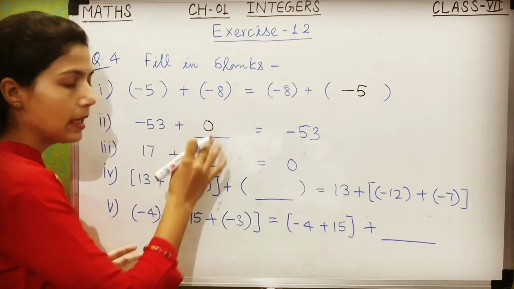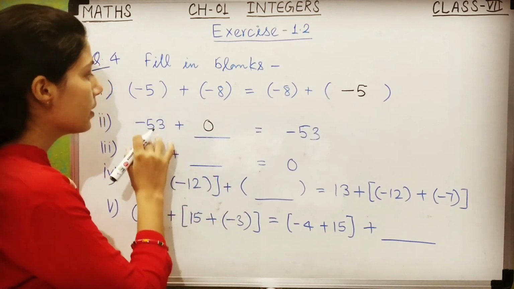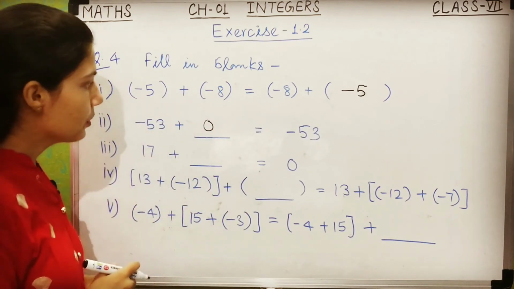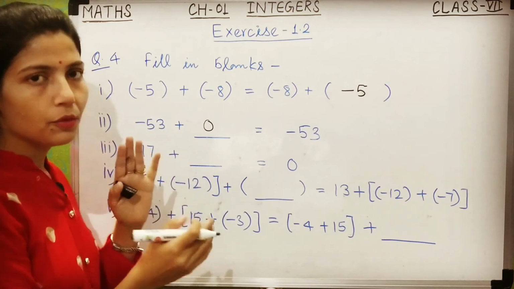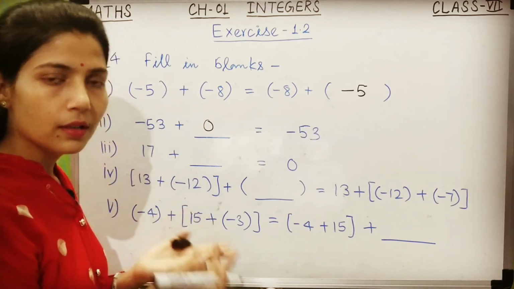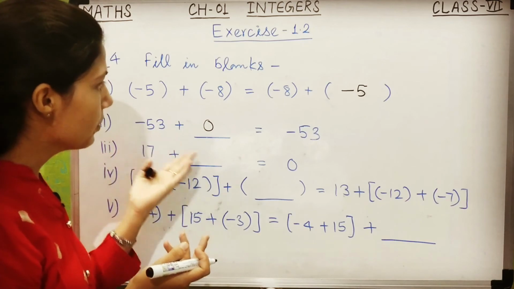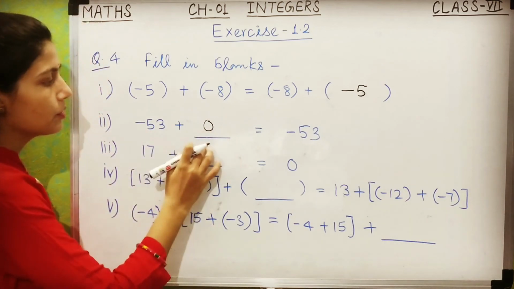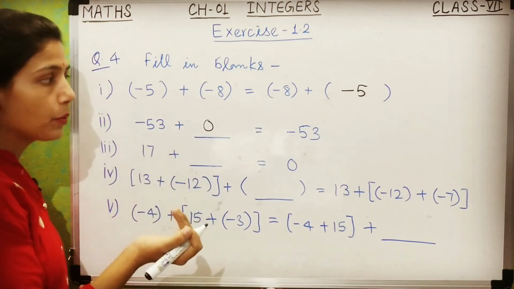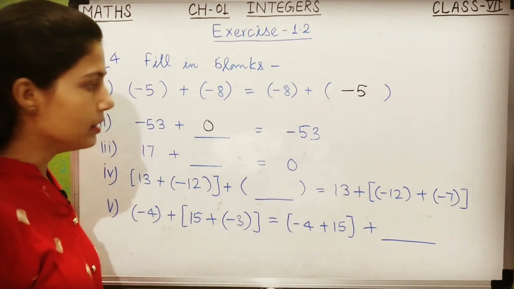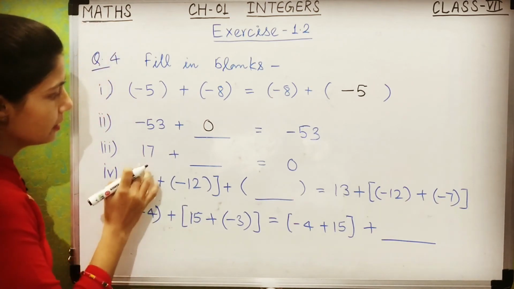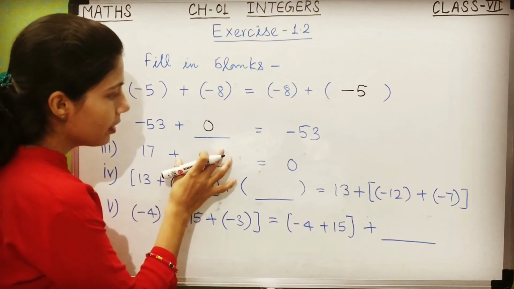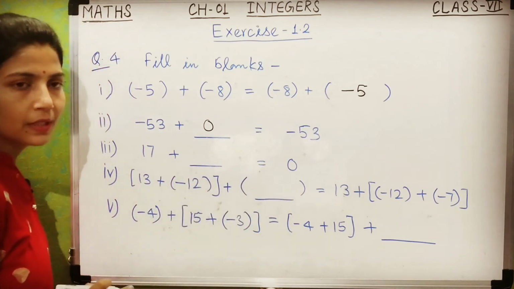It means you are adding something that is not affecting the number. So any number, if you add 0 to it, the answer will be the same. So here will be 0. So this is which property? Additive identity.